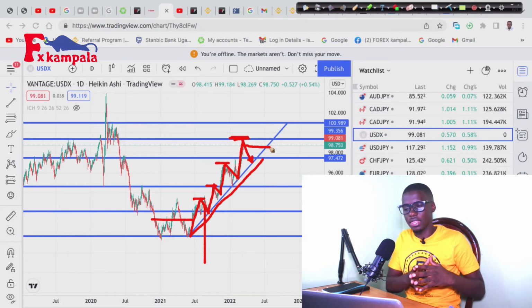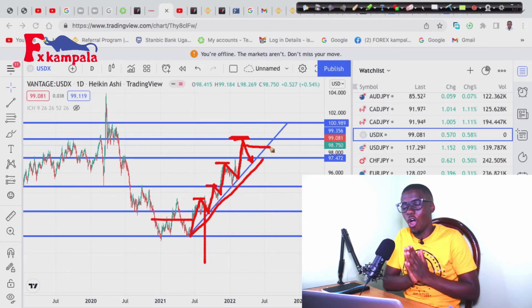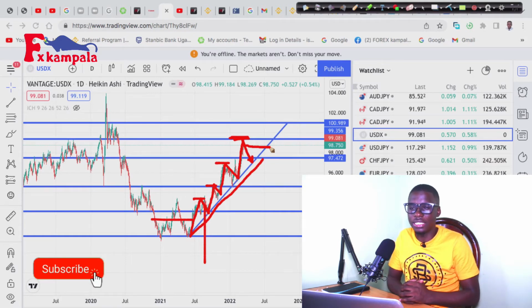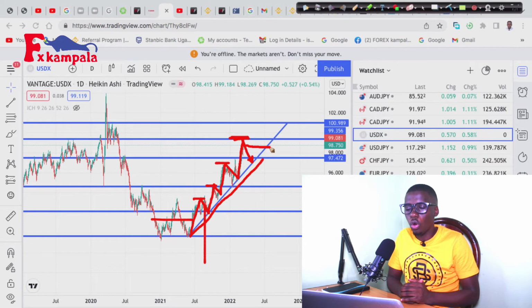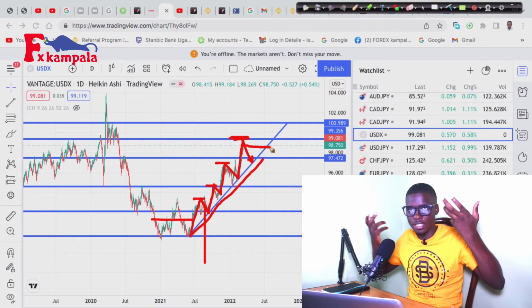The fact is that when we are selling the US dollar index, automatically we should buy the Euro USD, and then we should again buy on the GBP USD, but we should sell on the USD CHF. So we see USD CHF and the US dollar index moving in the same direction.